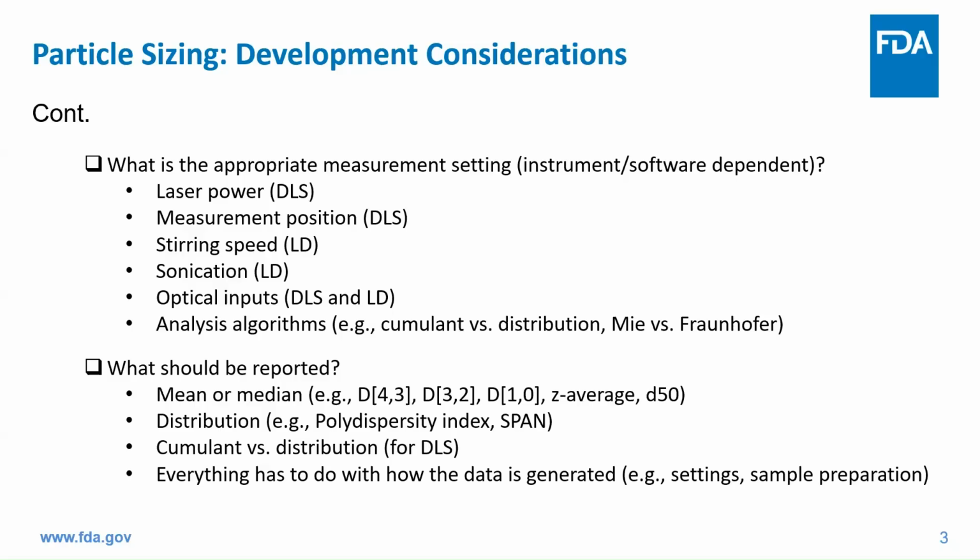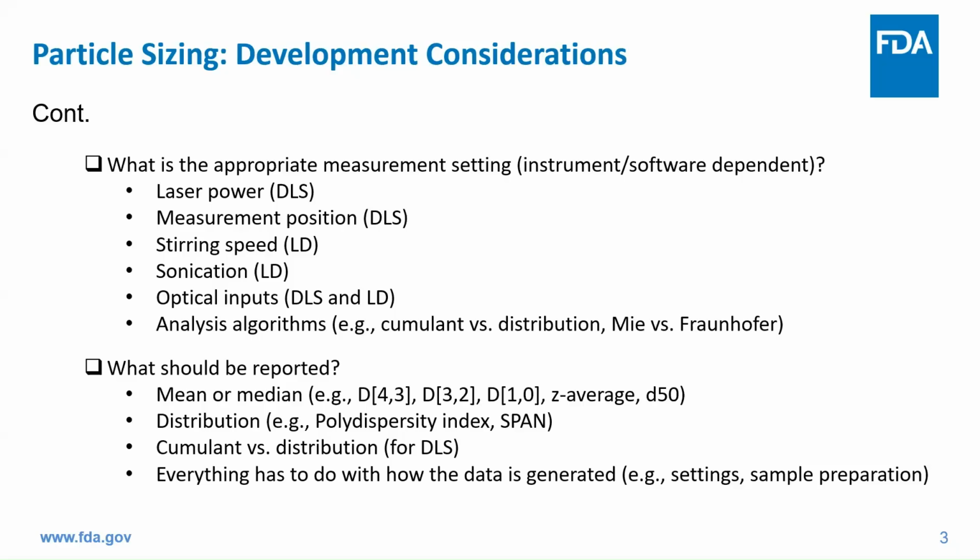So in the case of dynamic light scattering, what's the measurement position? What's the laser power? Because that impacts the amount of light going into the material, the scattering volume, and the amount of light that will actually be scattered. So these 2 parameters together compensate for the concentration differences of the material and allow an operator to successfully complete one measurement.